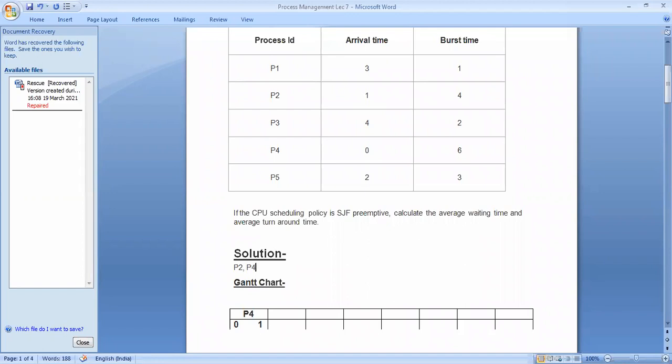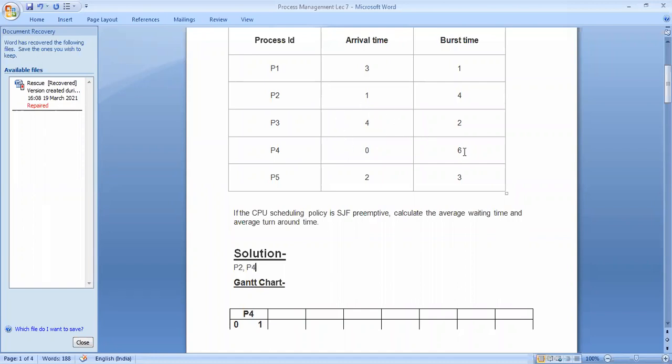This is the concept of preemptive. Until now, in the non-preemptive case, when one process starts execution, after its completion another process starts. But here, after 1 millisecond, again we'll check which process has the lesser burst time.